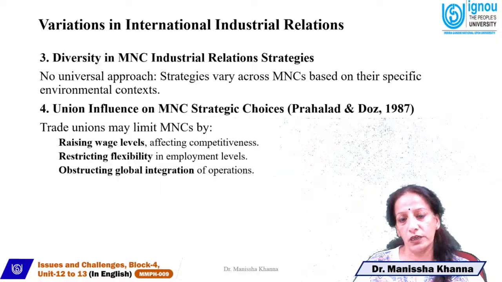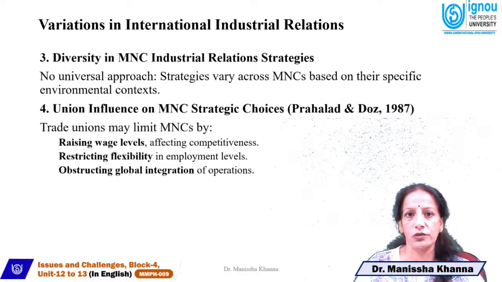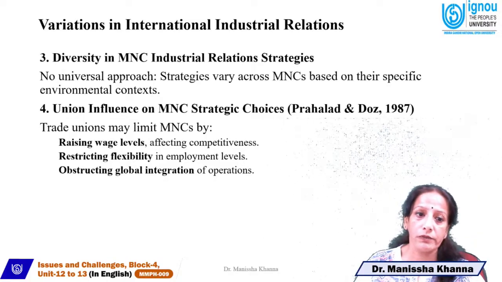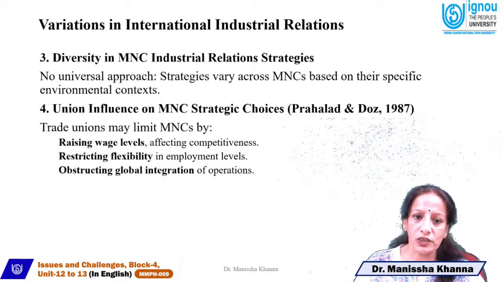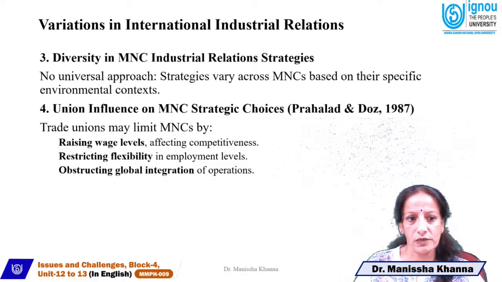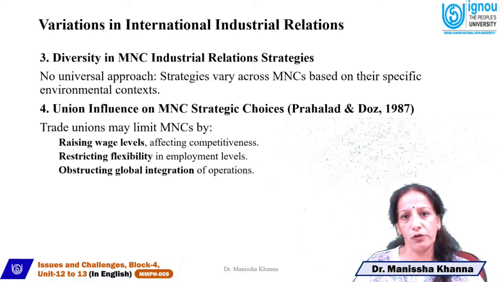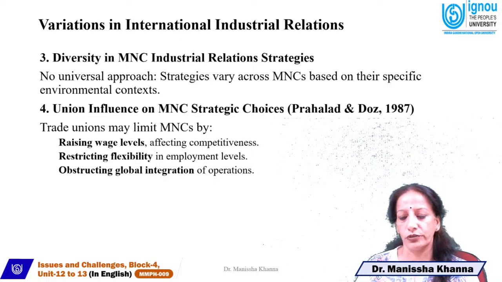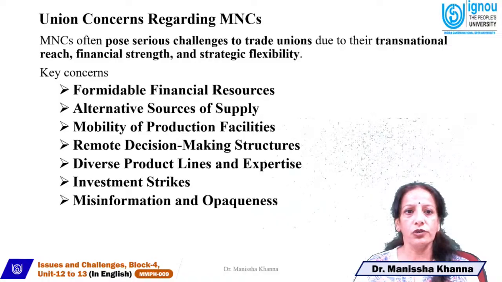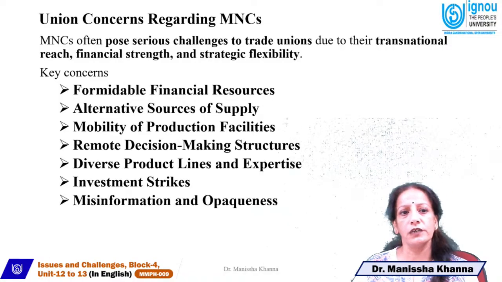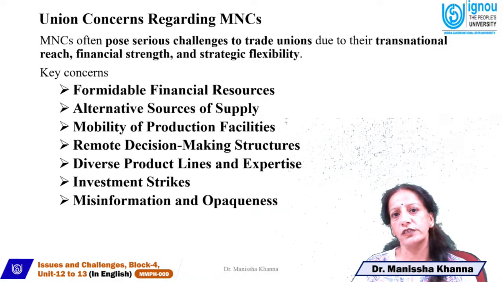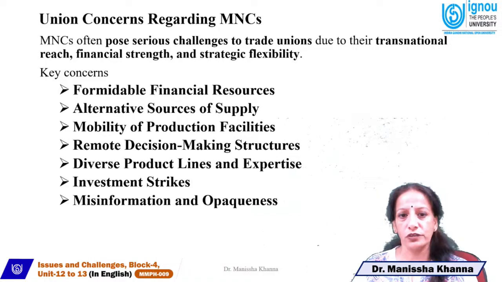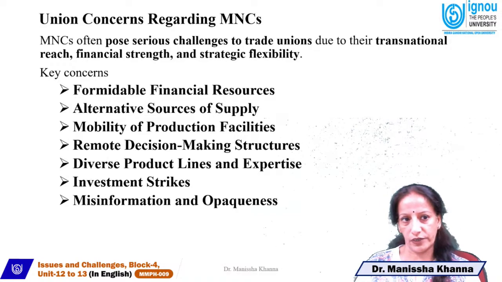Union influence on multinational strategic choices was mentioned by Prahalad and Doz in 1987, where unions limit the MNC by raising wage levels, which affects competitiveness, restricting flexibility in employment levels, and obstructing global integration of operations. So union concerns regarding multinationals often pose serious challenges to trade unions due to their transnational reach, financial strength, and strategic flexibility.